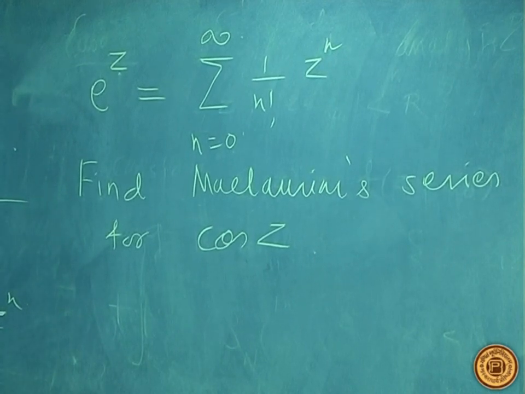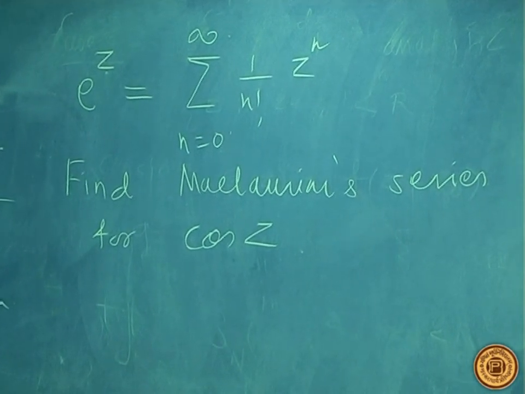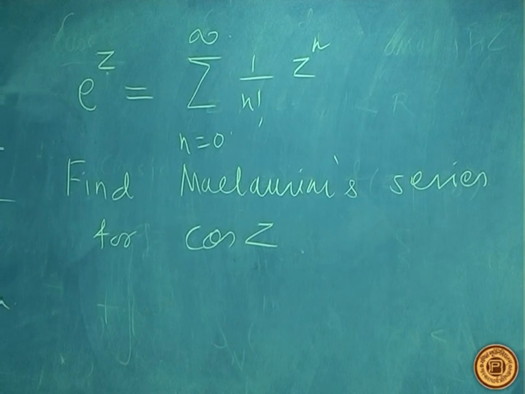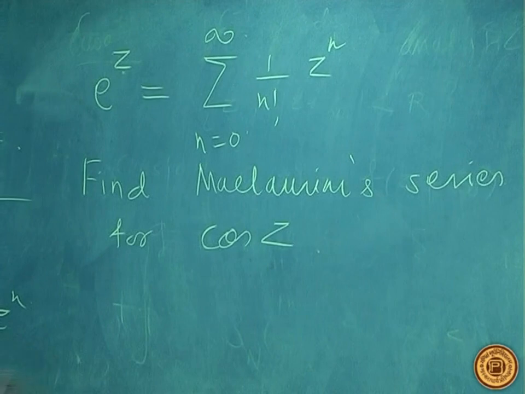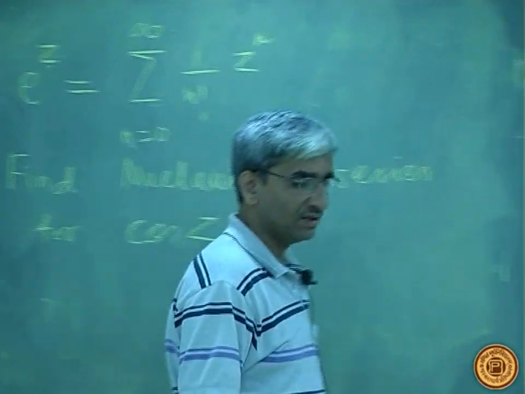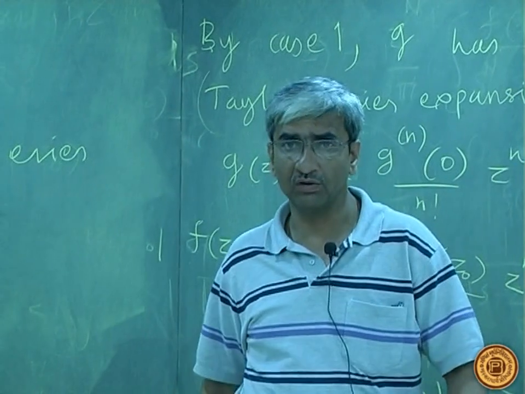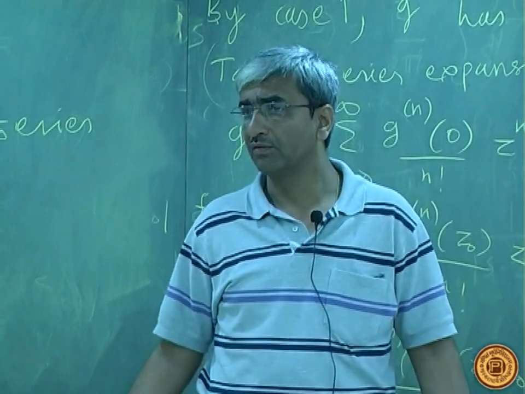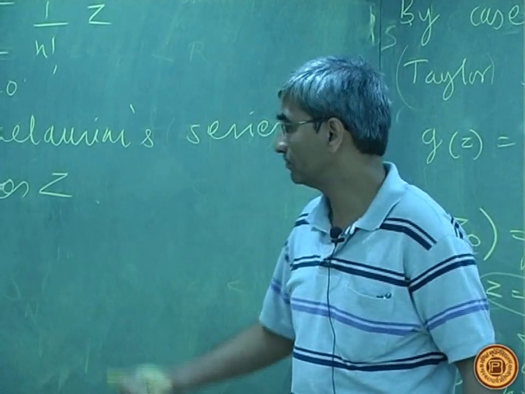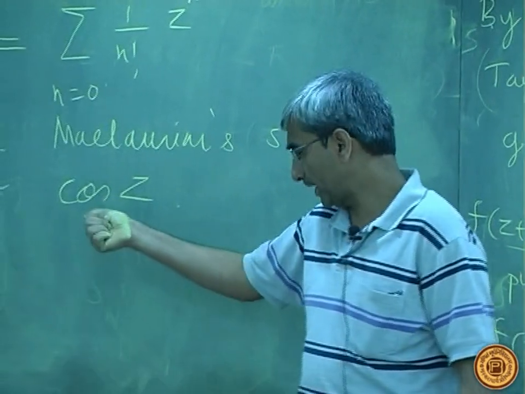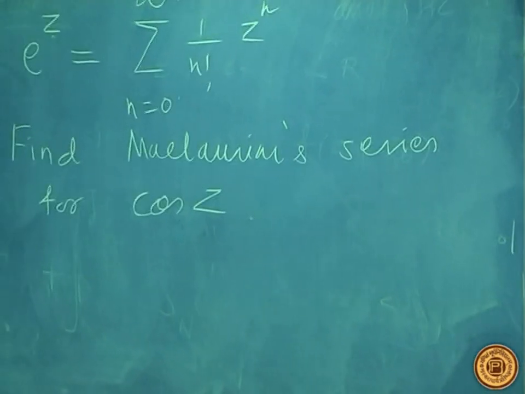So I give you 2 minutes for finding the Maclaurin series for cos z. As such, the expression you already know from the real variable, but how do you obtain it in the complex case? That means you write it down.